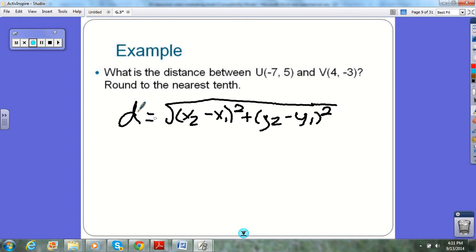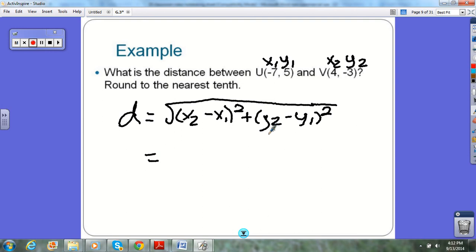Now, think back to our slope formula. It really doesn't matter which point you substitute in for x1 or x2. I'm just going to say that since this one comes first, this will be my x1, so this is my y1, this is my x2, so this will be my y2. But if we did it backwards, it would still give us the same answer.